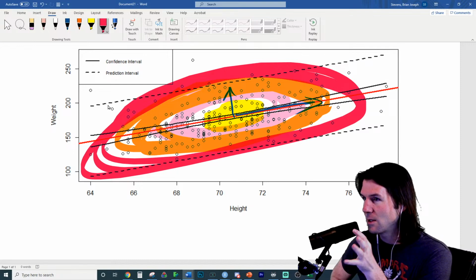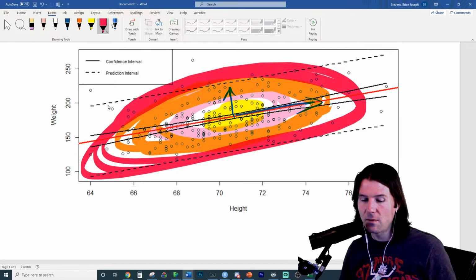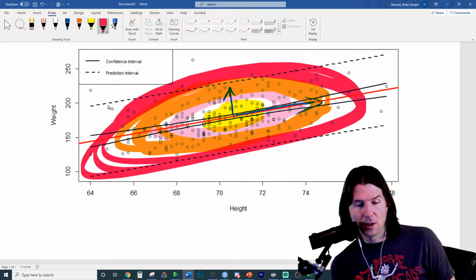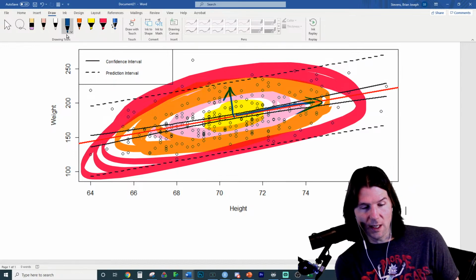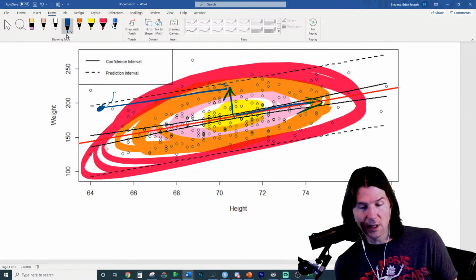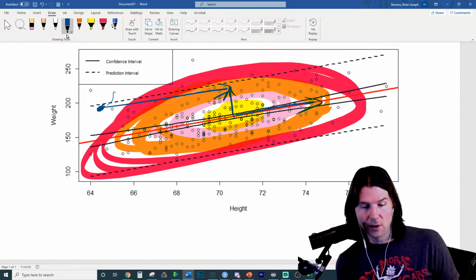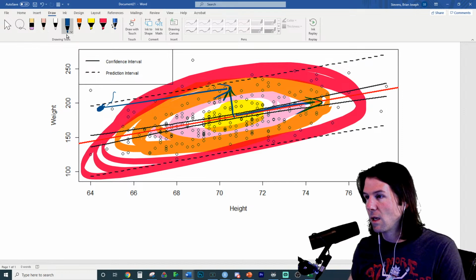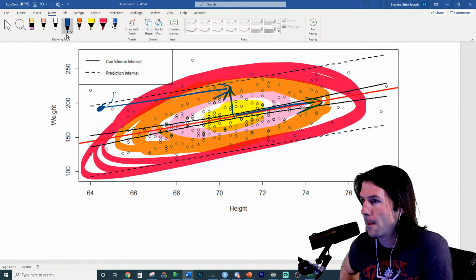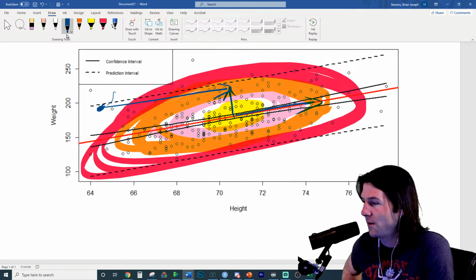If you put a point right here, all of a sudden that is very unusual, but when you move it over here, it's not so unusual. I'd have to move it orthogonally, but the combination is what makes things odd.